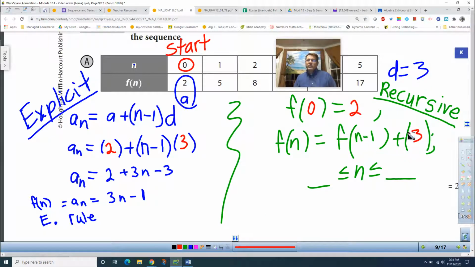If I want f of 1, I go to the previous term plus 3. If I want f of 2, I go to the previous term plus 3. If we start at 0, where do we pick up from there? 1, and we go all the way up to 5. So there's one of those.